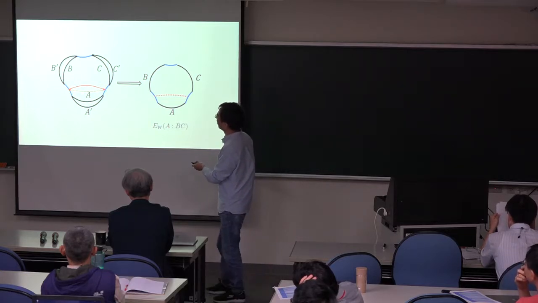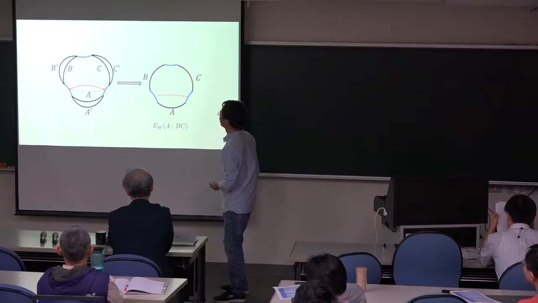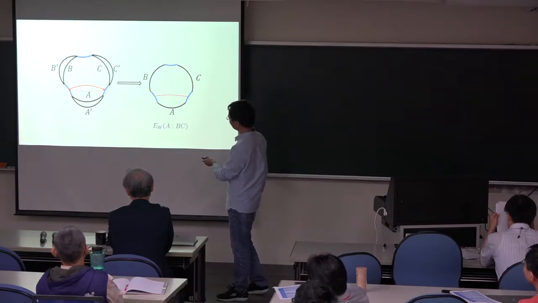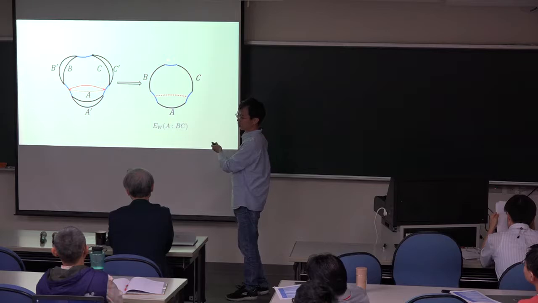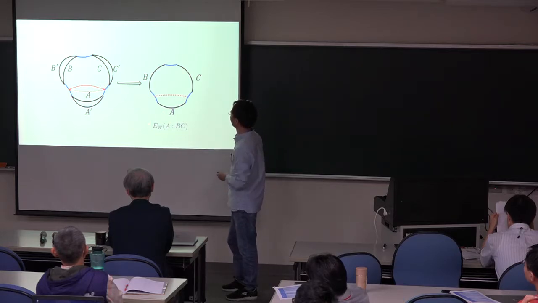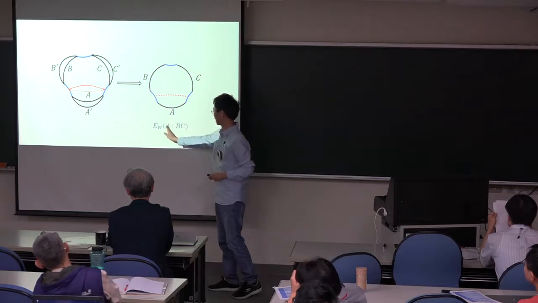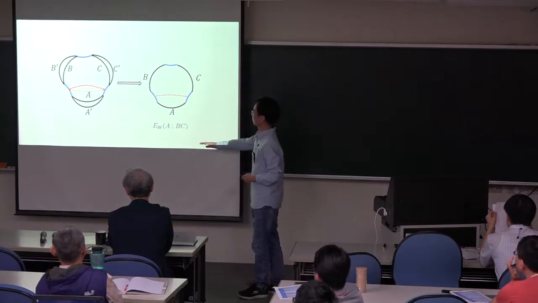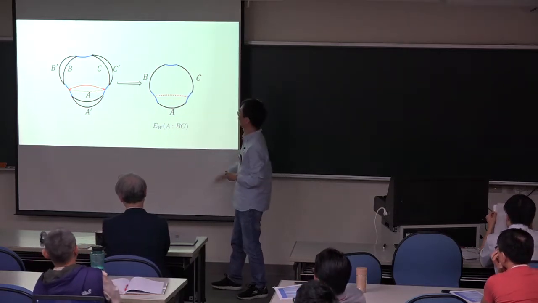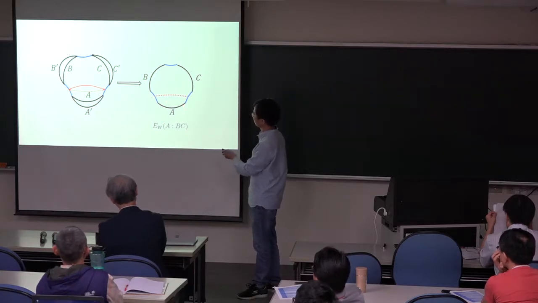Now you choose a minimal curve wrapping this way. It's not hard to realize that this is related to the single copy. You consider a bipartition of this ABC, which divides A and BC. This is nothing but the entanglement cross-section, bipartite A and BC.